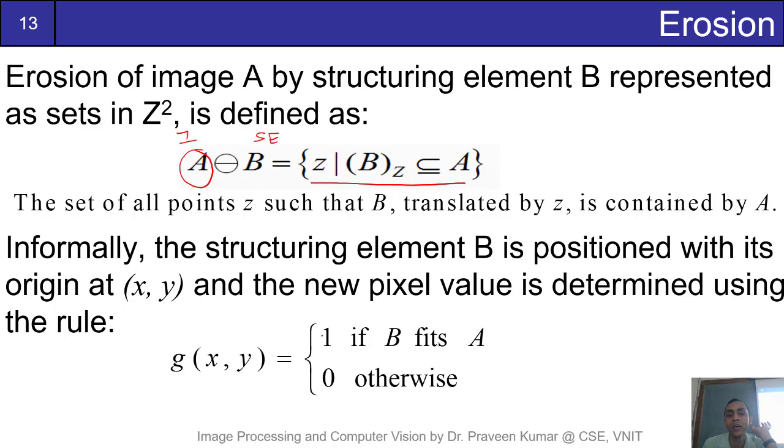So the result of the fit operation will be 1, and if it is not fitting, it will be 0, because your set should have only those locations where it is fitting. Only those locations where it is fitting will be 1, and all other locations will be 0.